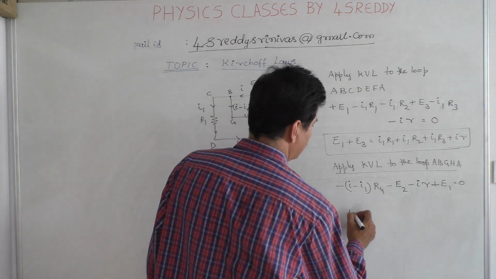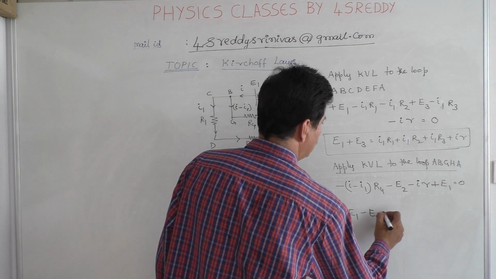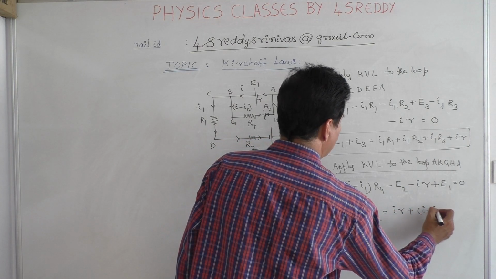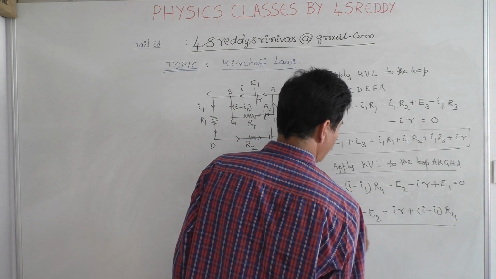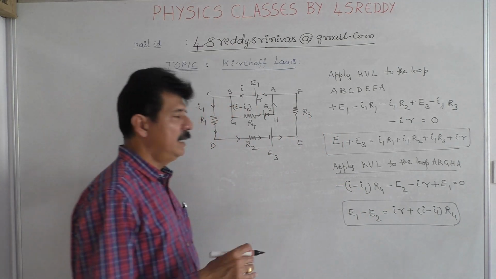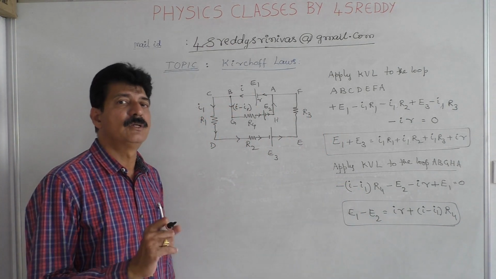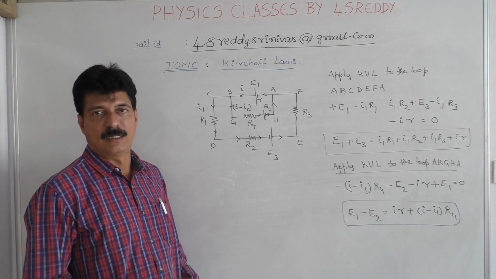Therefore, E1 minus E2 is equal to IR plus I minus I1 into R4. Like that, for any given complex circuit, you can easily solve the problems based on these Kirchhoff laws.